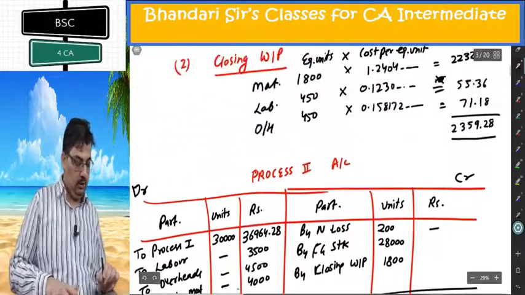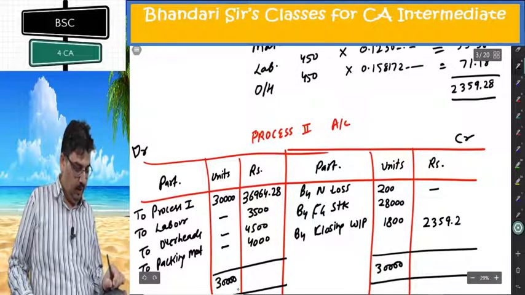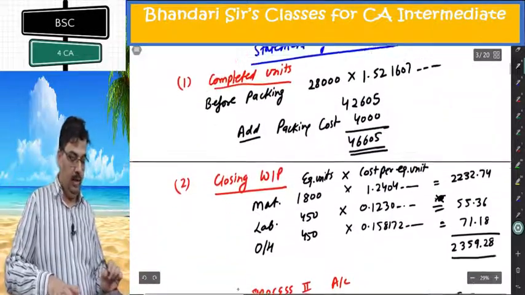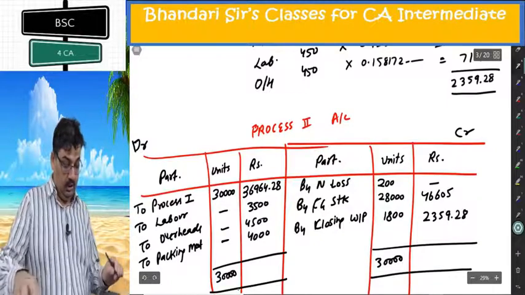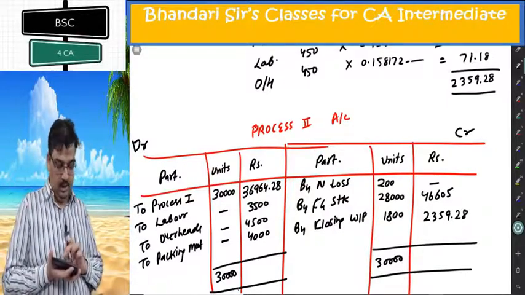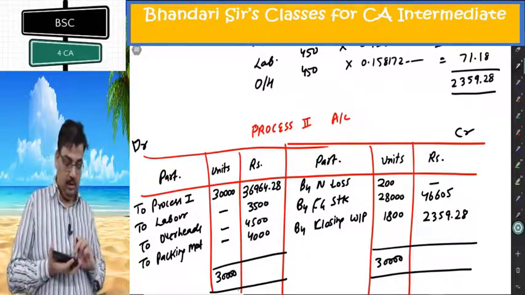Let's put the cost also, 2359.28. Approximation differences can be there with the module, I don't mind that. 46,605. But this account must tally on its own. That is very important. 2 rupees here and there will not matter if it is tallied on the debit and credit side.